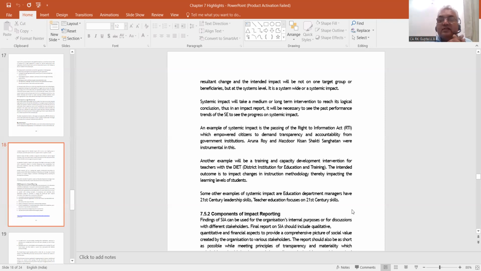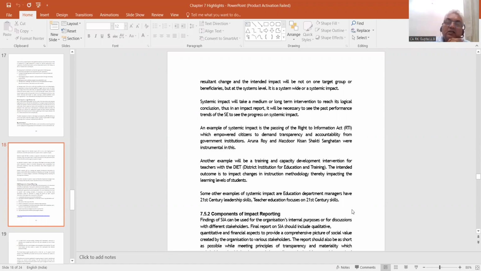An example of systemic impact is the passing of the Right to Information Act, which empowered citizens to demand transparency and accountability from government institutions. Aruna Roy and Mazdoor Kisan Shakti Sangathan were instrumental in this. Another example will be a training and capacity development intervention for teachers with the DIET, District Institute for Education and Training. The intended outcome is to impact changes in instruction methodology, thereby impacting the learning level of students.